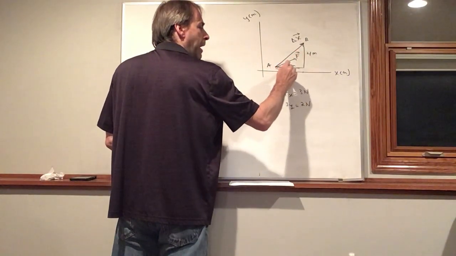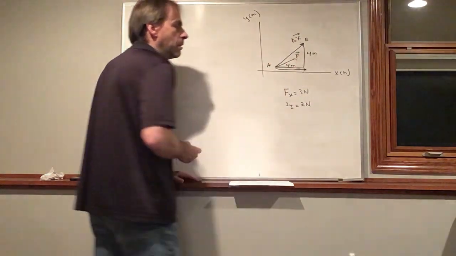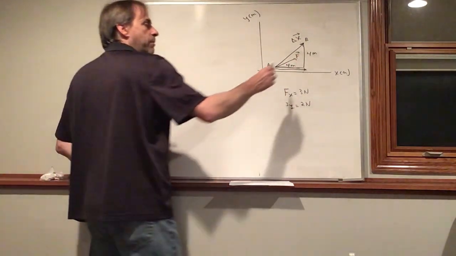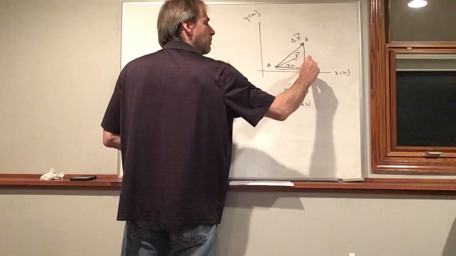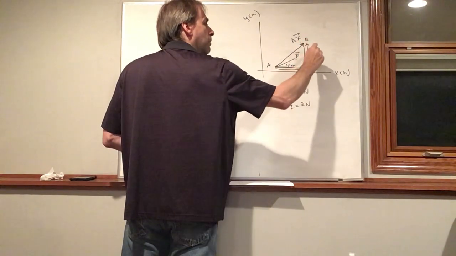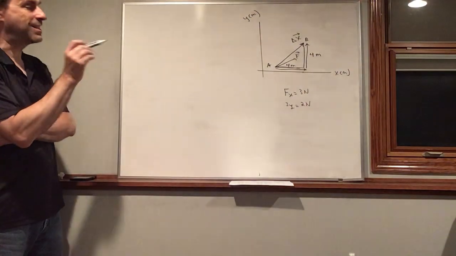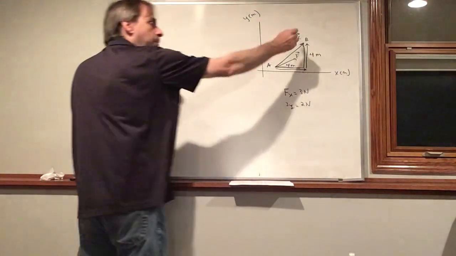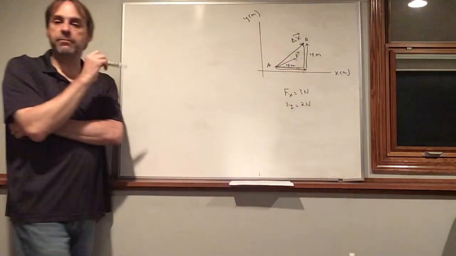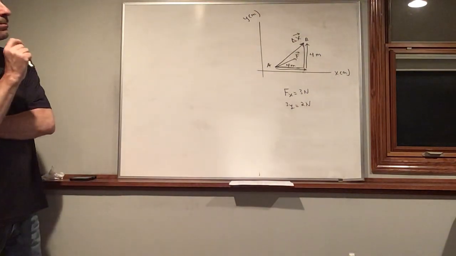Let's say we move horizontally, and then we'll move up vertically. And again, we can be certain that the work done is the same along this direct path or this other path because it's a conservative force.